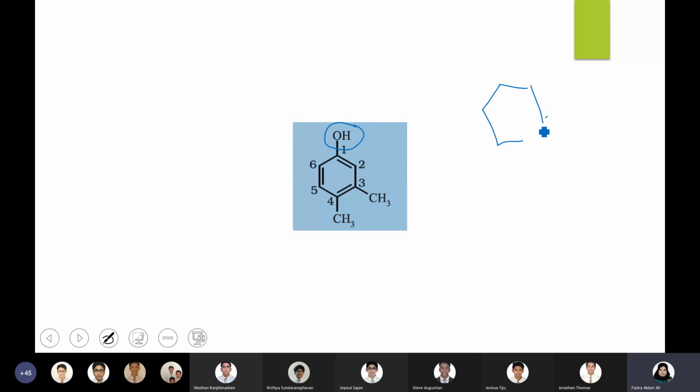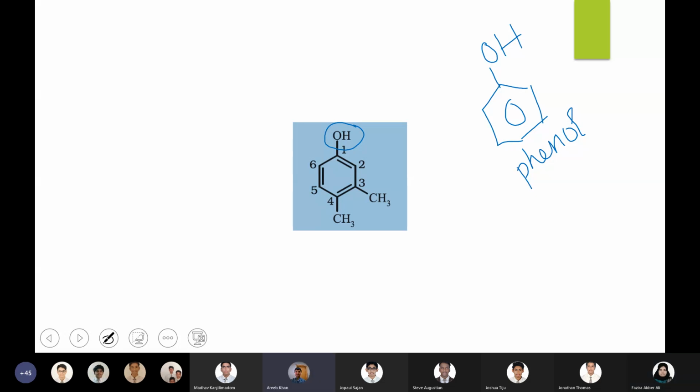If benzene comes along with OH, there is a special name for this compound. Will it be something like benzol? This is known as phenol. This is the common name as well as the IUPAC name of this compound. When benzene is there along with the OH group, it is known as phenol.